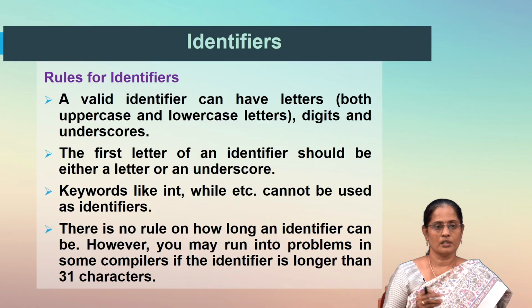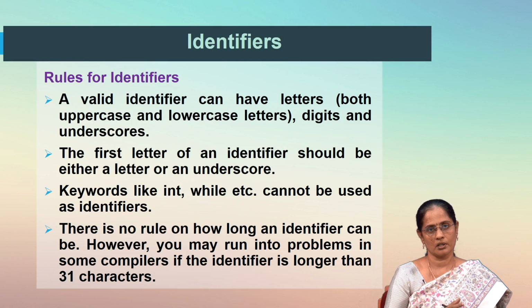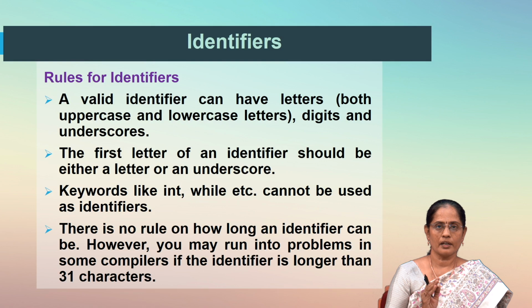identifier? The first rule says that a valid identifier can have letters, both uppercase and lowercase letters are allowed, and you can have digits and underscores. But the first letter of an identifier should always be a letter or an underscore symbol.